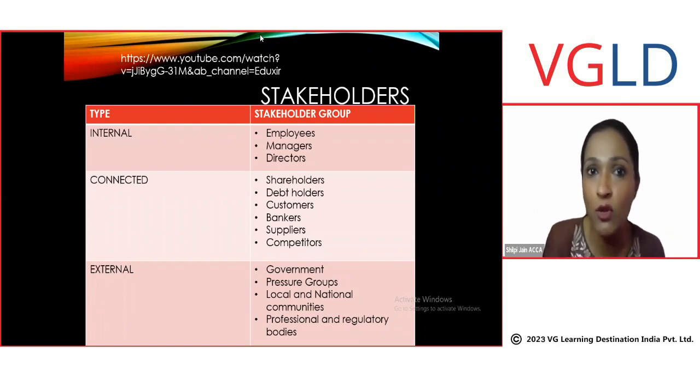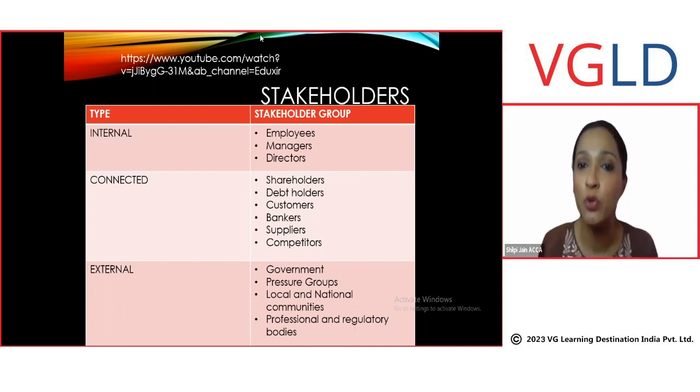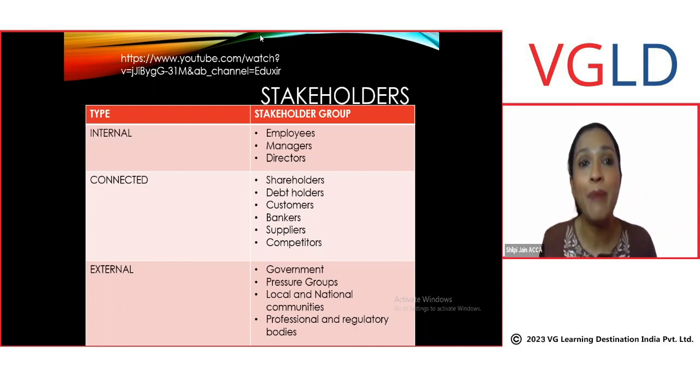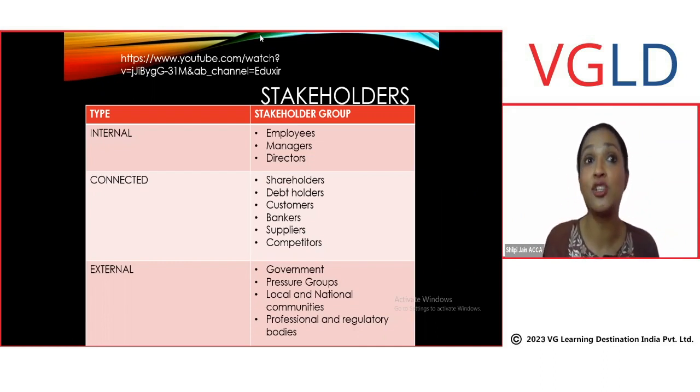The suppliers may not be holding shares in the organization, but they are connected to the organization. They impact and get impacted by the performance of the organization, by the decisions of the organization, and thus are a broader group of people, broader than just only the people who own the shares, who are called shareholders. Right, Vani?